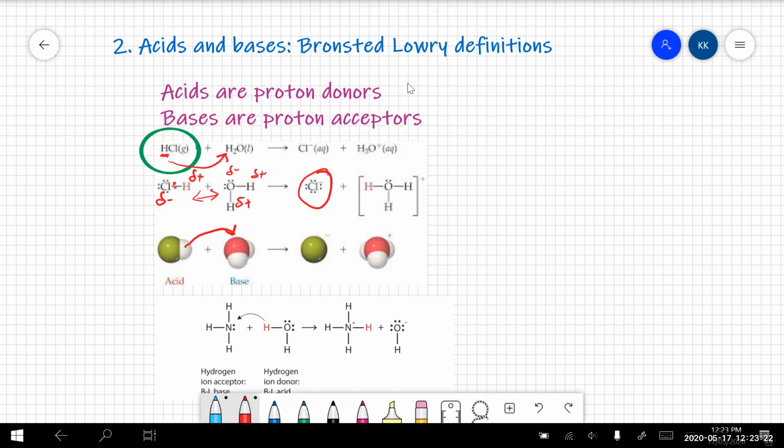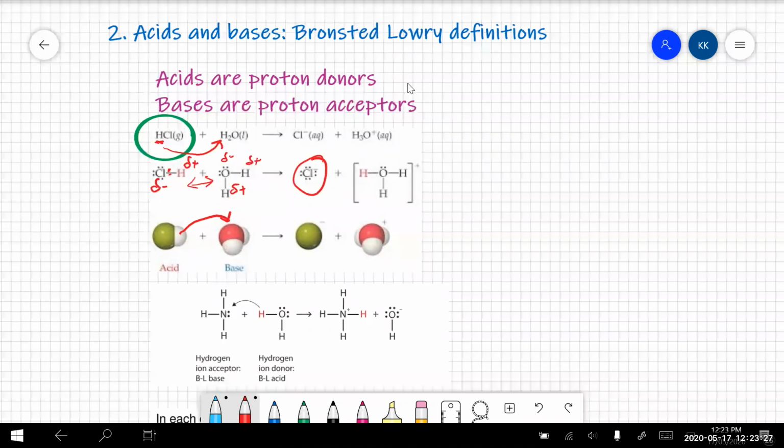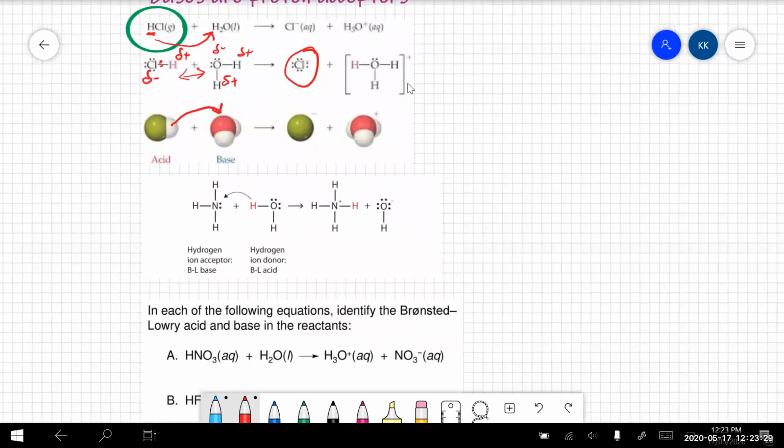Water is actually amphiprotic, which means it can donate or accept a proton. As we see in our next example, when you put the ammonia molecule with the water molecule, the hydrogen ion on the water molecule can be attracted over to the nitrogen atom.